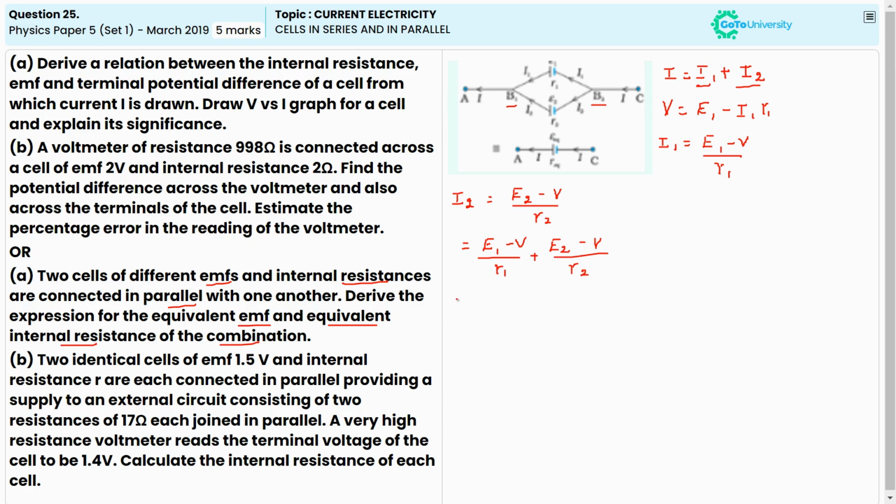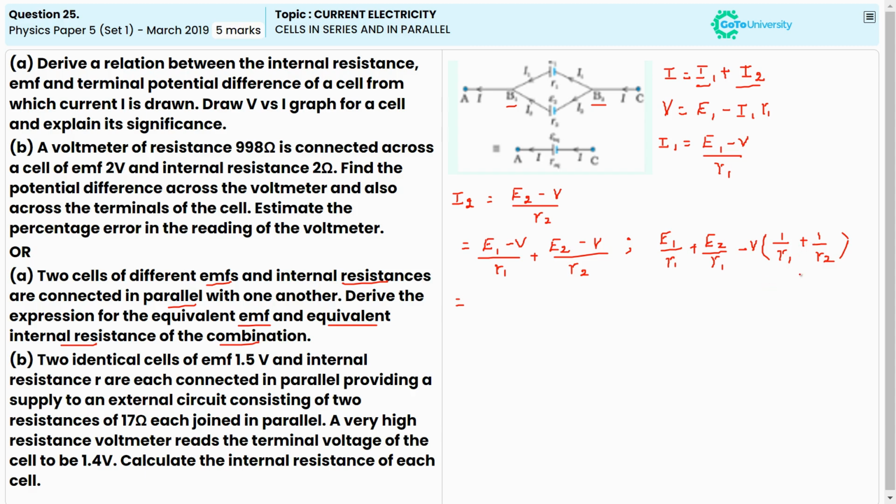Further simplified, we get E1 by R1 plus E2 by R2. If I take minus V common, it becomes 1 by R1 plus 1 by R2.